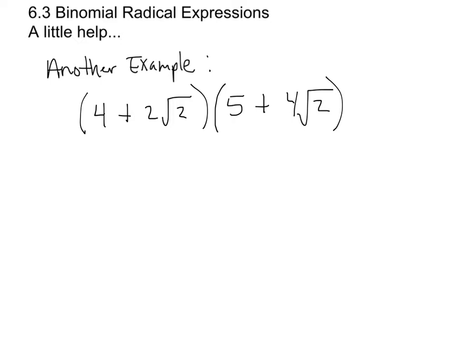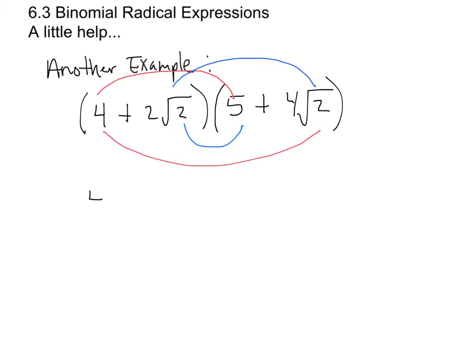We're going to take the first term and multiply it by the first term in the other set of parentheses. We're going to take the two outside terms and multiply them by each other. Then we're going to take the two inside terms and multiply them by each other. And then we're going to take the two last terms and multiply them by each other. So what does that give us?